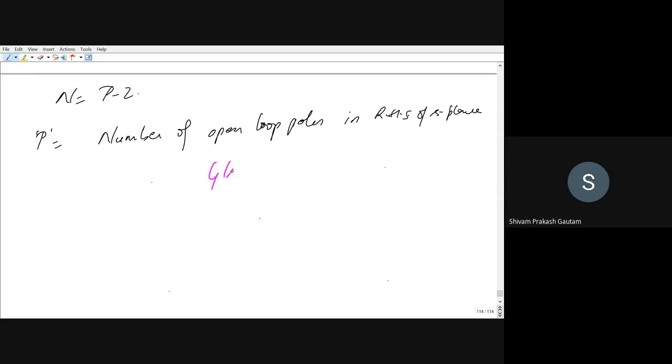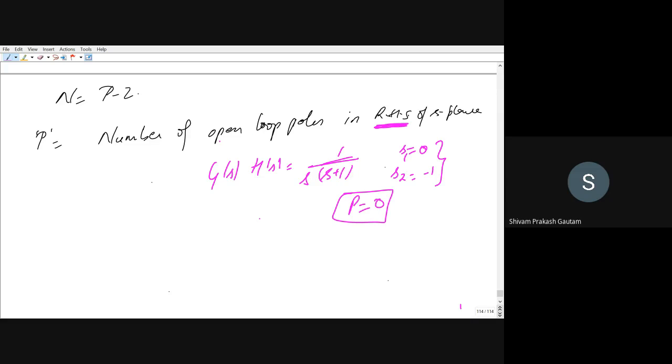The open loop transfer function will be provided to you, for example 1 upon S(S + 1). For this, if you have to draw the Nyquist plot and determine the stability, then you will use the Nyquist stability criterion. For this case, it can be easily said that it has 2 poles, where S1 is equal to 0 and the second pole is at -1. So the value of P will be equal to 0, because P is the number of open loop poles in the right hand side.